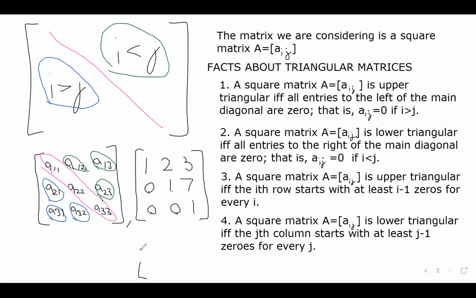So let's look at another 3x3 matrix. And this one is going to be lower triangular, which means all the entries above the main diagonal are going to be 0.